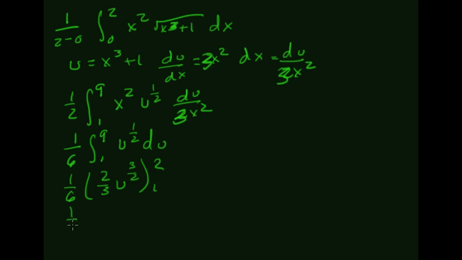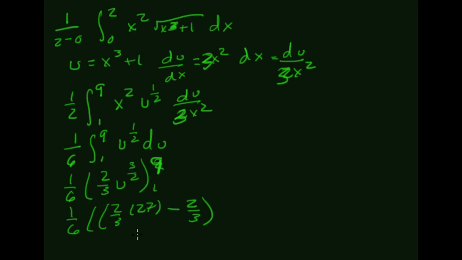So this is going to give me 1/6 times 2/3. That's 1 to 9, not 1 to 2. There we go. So the square root of 9 is 3, 3 cubed is 27, minus just 2/3, right?